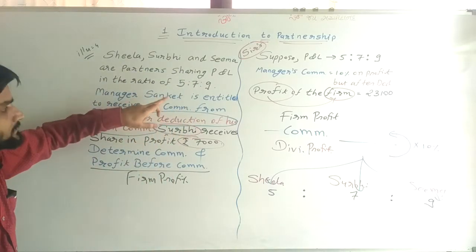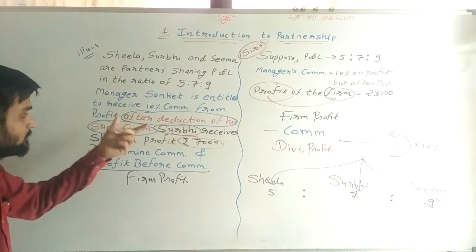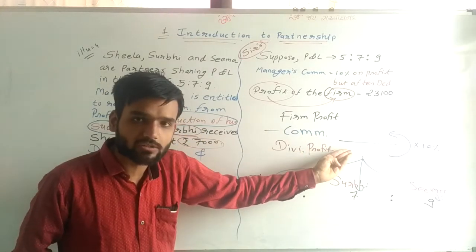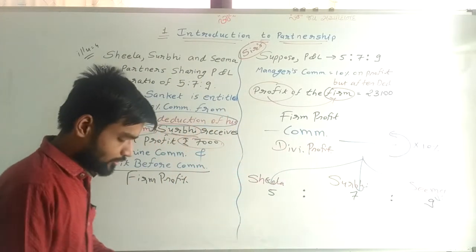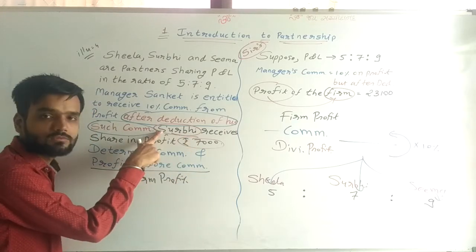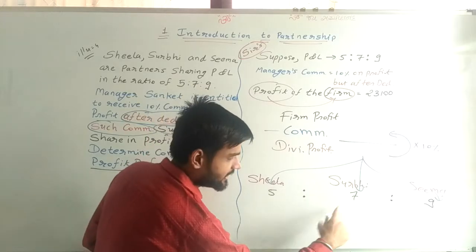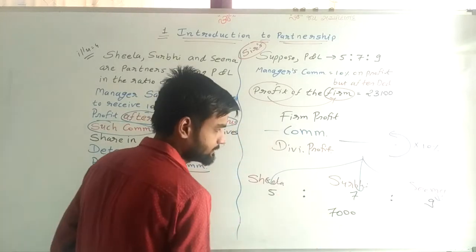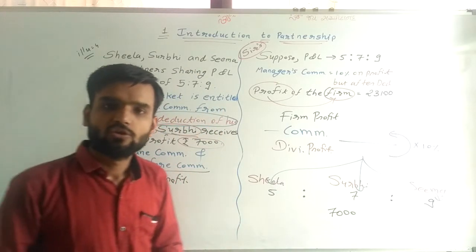Here it is given 10% commission on profit after deduction of such commission. Now this is after deduction of such commission, so 10% of that. In the question 7,000 is given, and 7,000 is for Surbhi. So for Surbhi I am writing here 7,000 rupees.